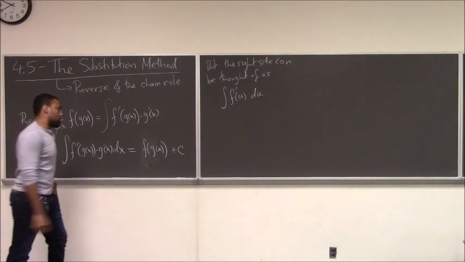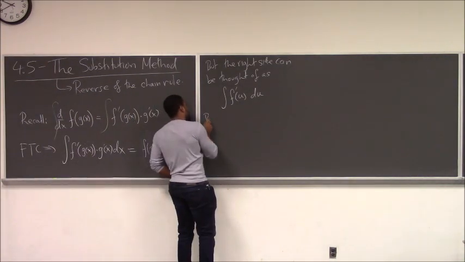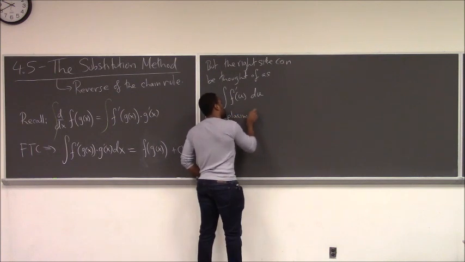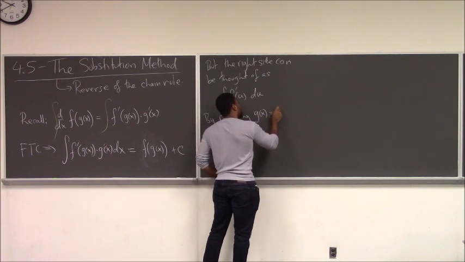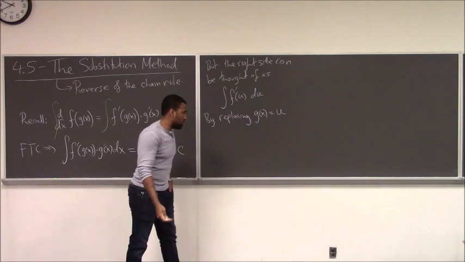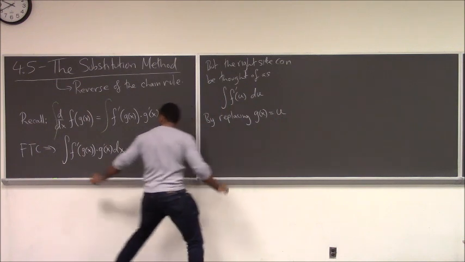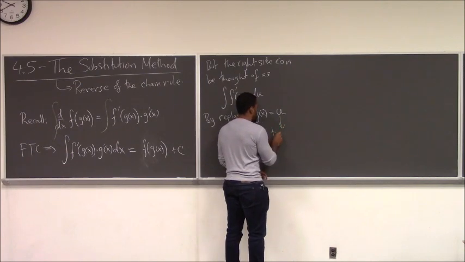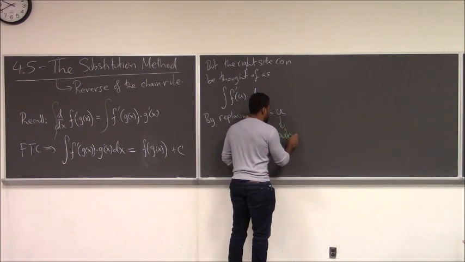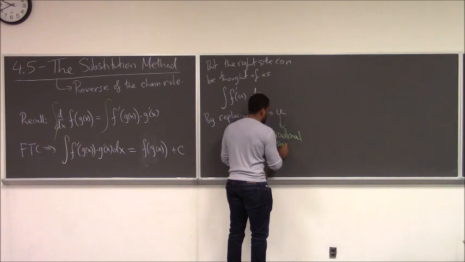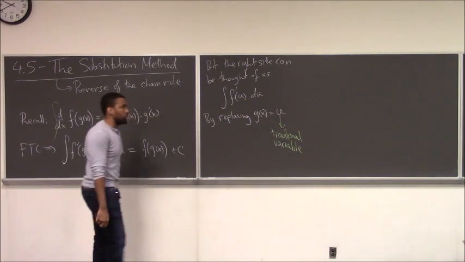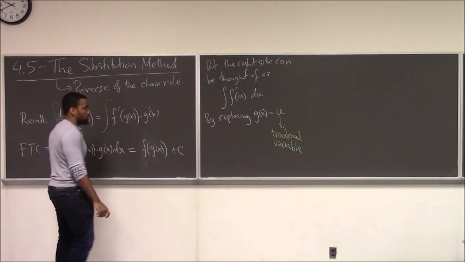And where would that come from? By replacing the g of x with some other variable u. Now this u is just the traditional variable that's used. You don't have to use u, but a lot of people know it as u substitution, or you just replace something with u.